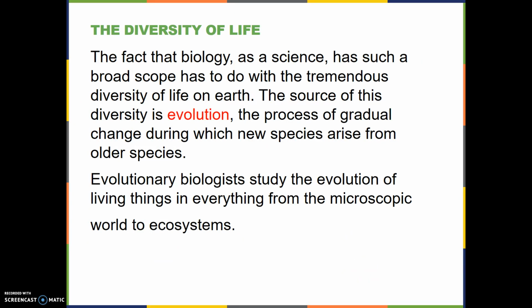This slide has a little bit of information on the diversity of life. We know that there's tremendous diversity of life on Earth, different types of species of organisms. And the source of this diversity is evolution. The definition of evolution is the process of gradual change during which new species arise from older species.